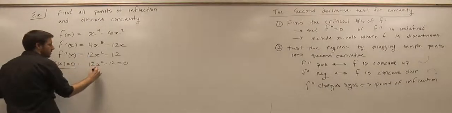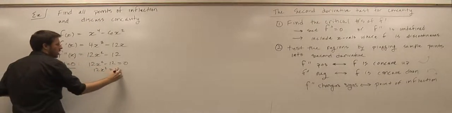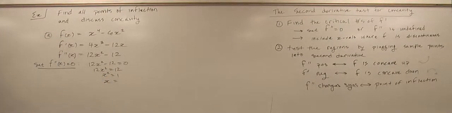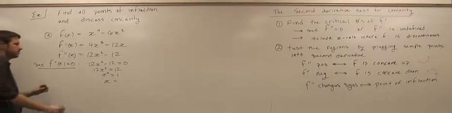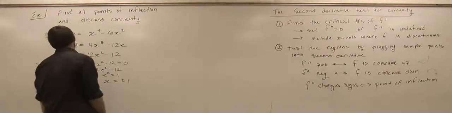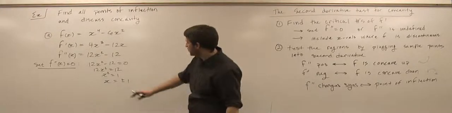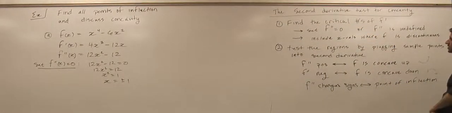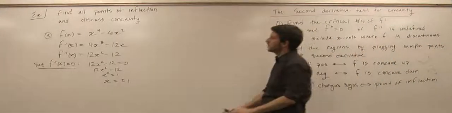Add the 12: 12x squared equals 12. x squared equals 1, so x is equal to plus or minus 1. Those are my critical numbers for the first derivative, or the possible points of inflection. Now I test.